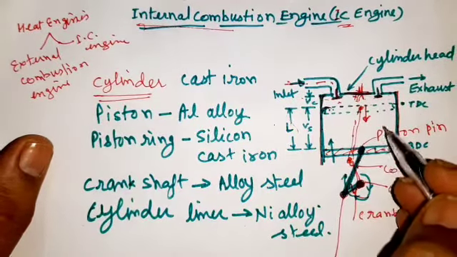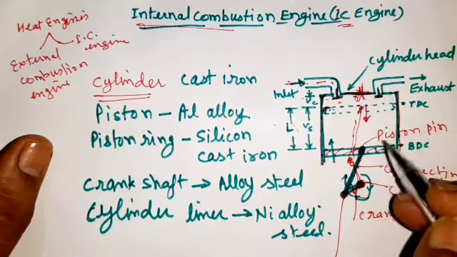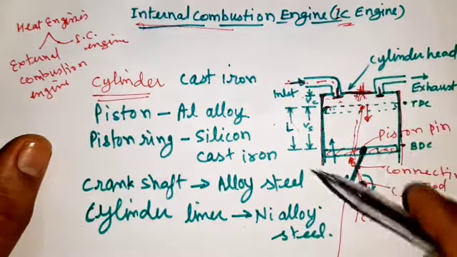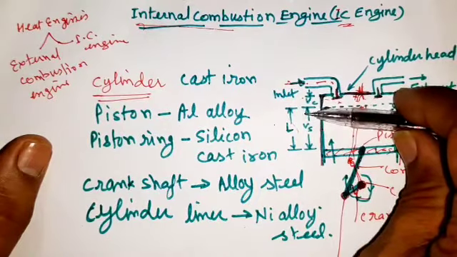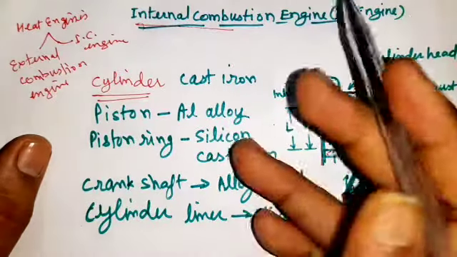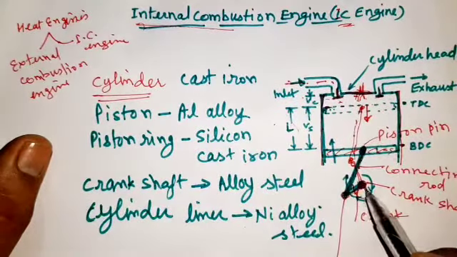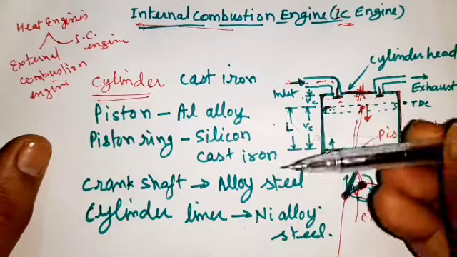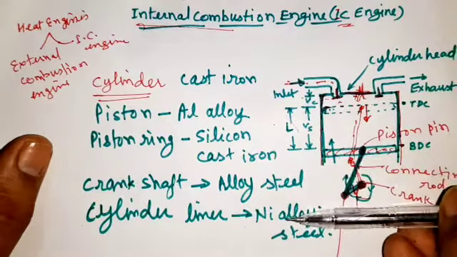This stroke is called the exhaust stroke. So there are four strokes of this IC engine to rotate the crankshaft due to the reciprocating motion of the piston.